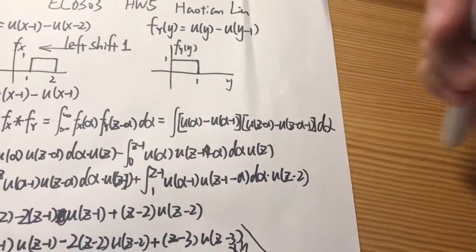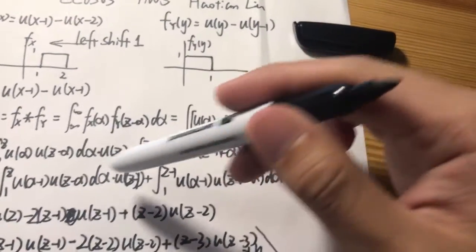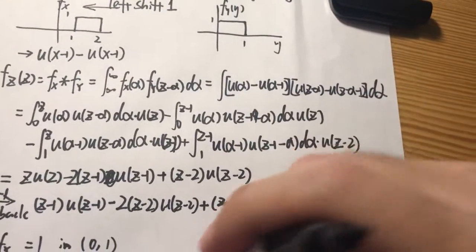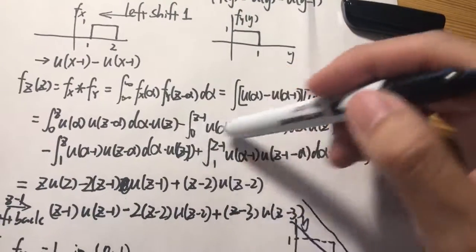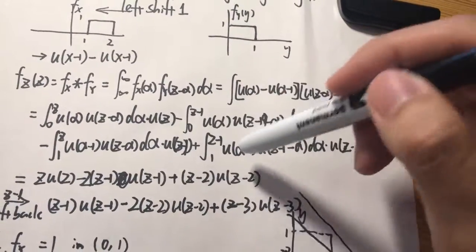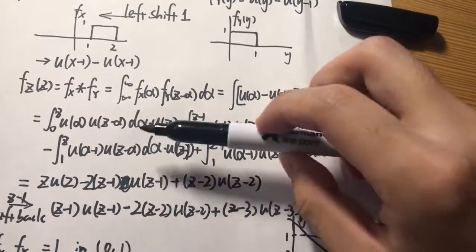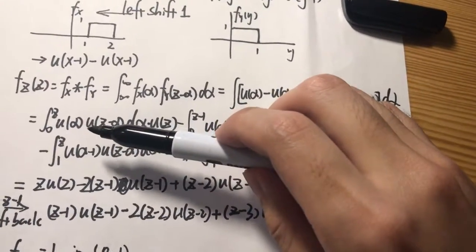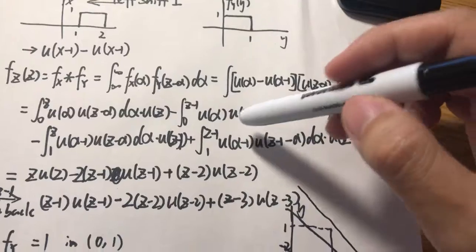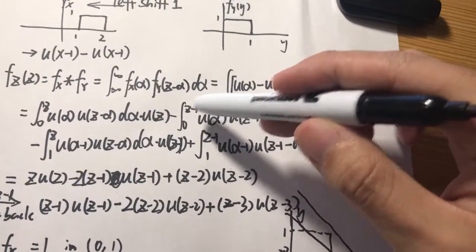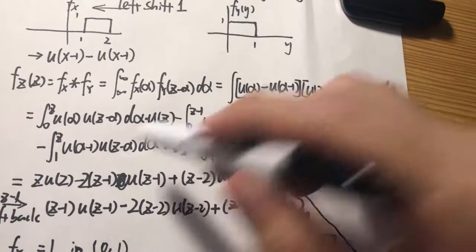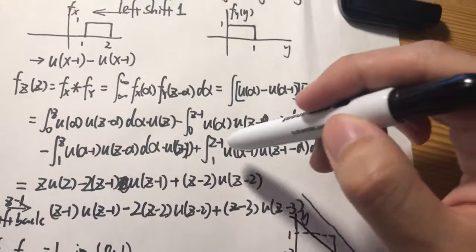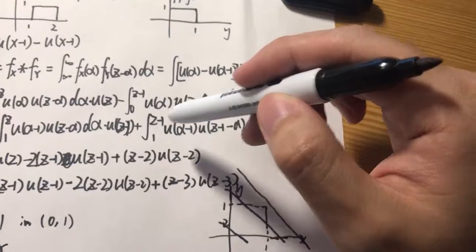So we can take this and tear it apart. We have these four parts of the function: this one is from 0 to z, this one is from 0 to z minus 1, this one is from z to 1 to z, and this one is from 1 to z minus 1.